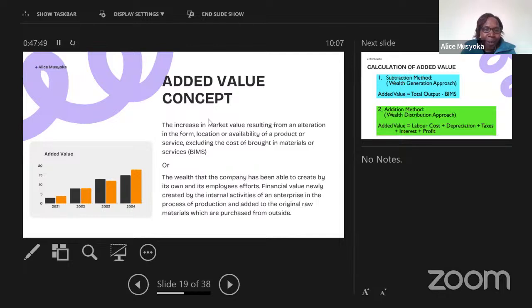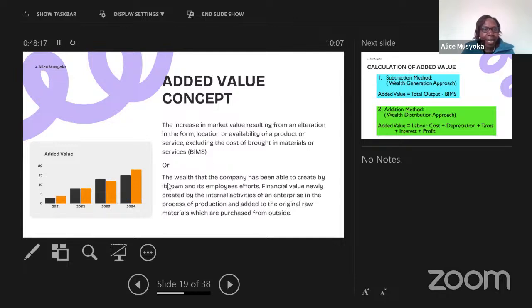Now, let's understand the concepts. When we talk about added value, we are talking about the increase in market value resulting from an alteration in the form, location, or availability of a product or service, excluding the cost of brought-in materials or services. In short, it is called BIMS, brought-in materials or services.